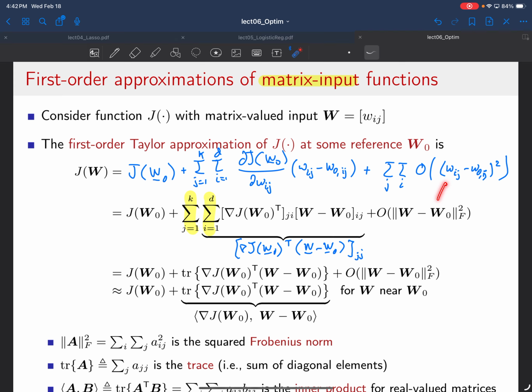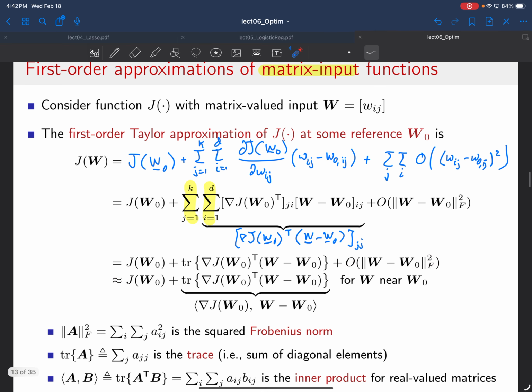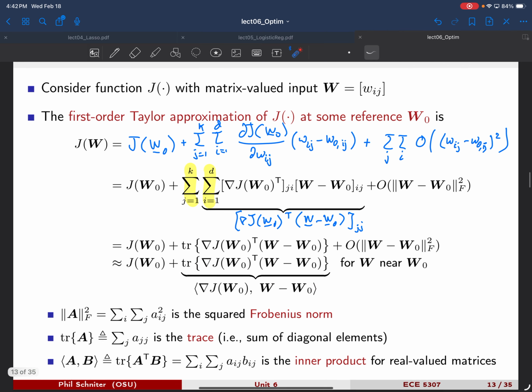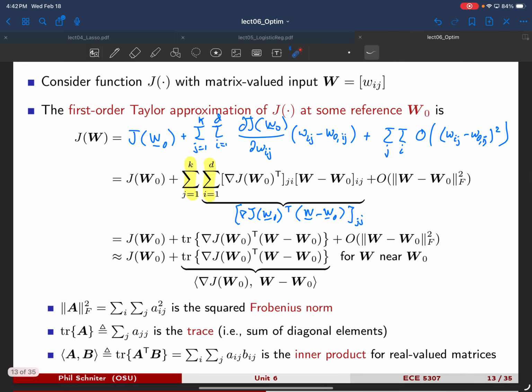So that's how we go from here to here. And the last step, just like before, this is an equality because it has this term. We get rid of this term and it becomes an approximation. And then what's interesting is that this is actually the inner product in the space of real valued matrices.